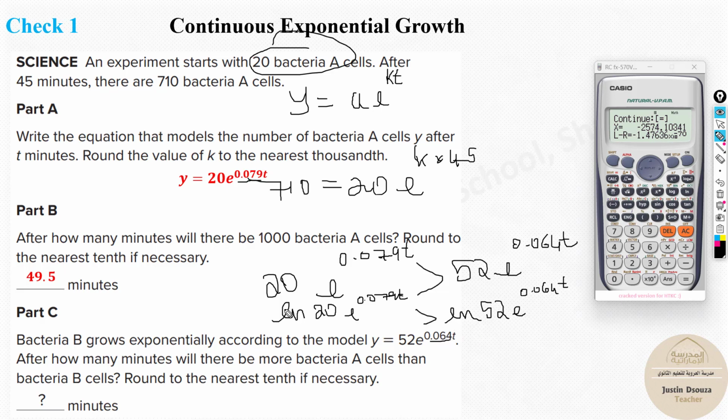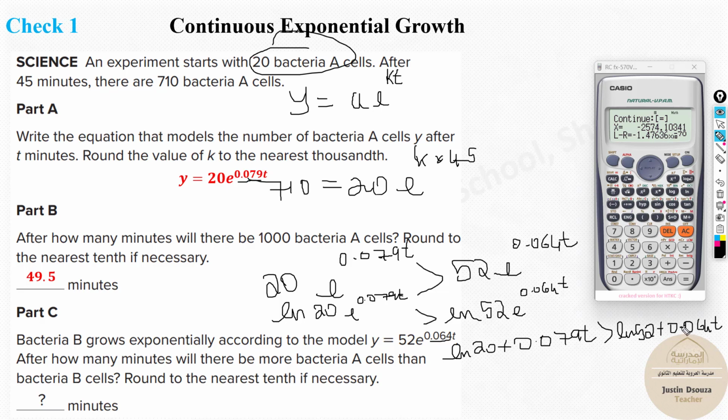Now you need to use the property of logarithm, where you need to add. It'll be ln 20 plus, and natural logarithm and e cancel out, so you're remaining with 0.079t, which must be greater than ln 52 plus 0.064t.